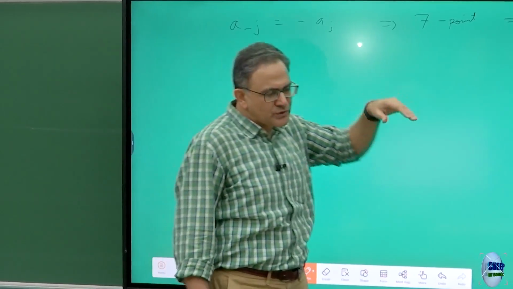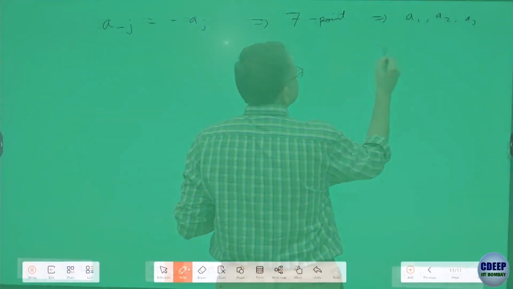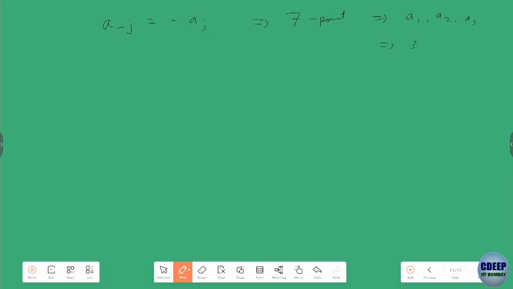So when you now want to reduce the Taylor accuracy, you have to take, so this means that there are 3 equations. So for 7 point, if you have 2 order less of accuracy, you look at only 2 equations.